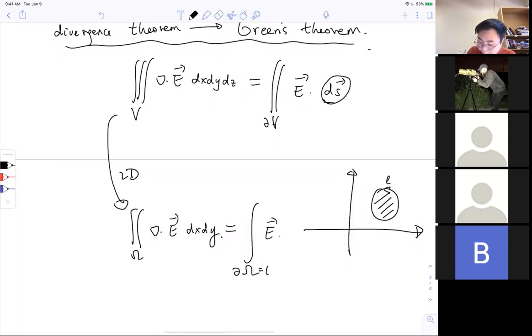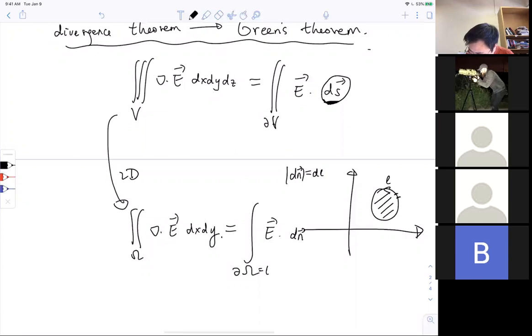Remember, dS in 3D has the direction of the normal direction of that surface, and the magnitude is the infinitesimal areal element. So in 2D, the magnitude is the infinitesimal line element, so here it becomes dl. Let's denote this guy as dn. The magnitude of this dn is dl.